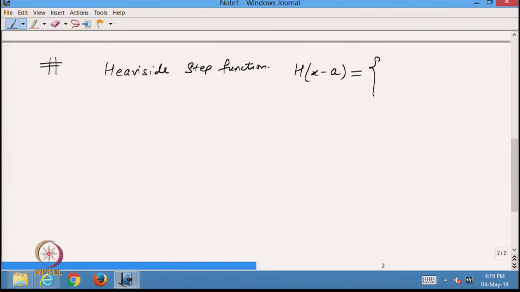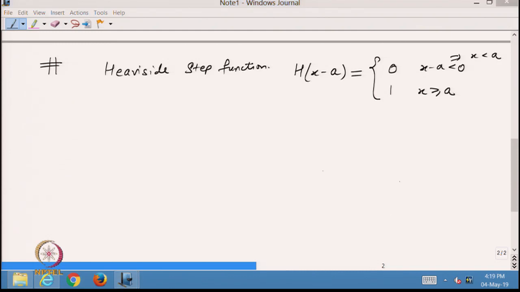This function has value 0 when x minus a is less than 0, that is, when x is less than a, and otherwise its value will be 1 when x is greater than or equal to a.